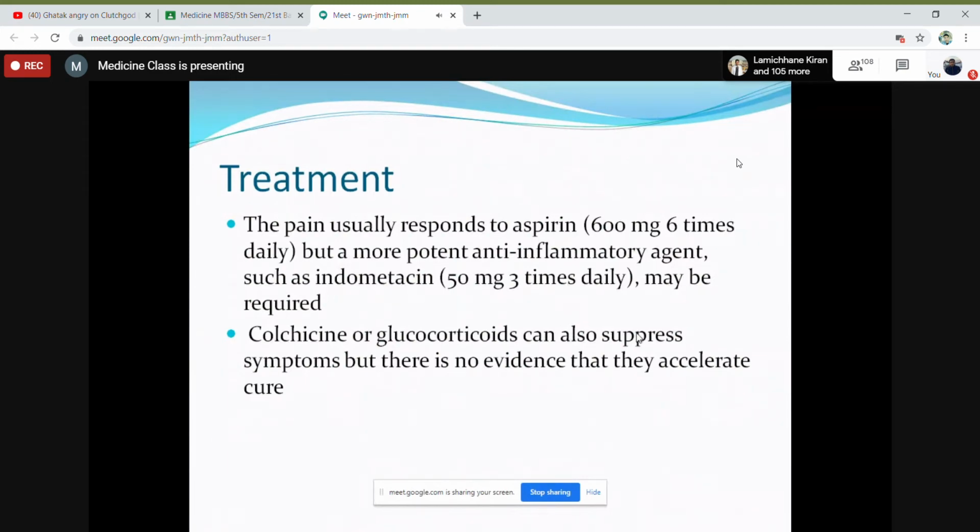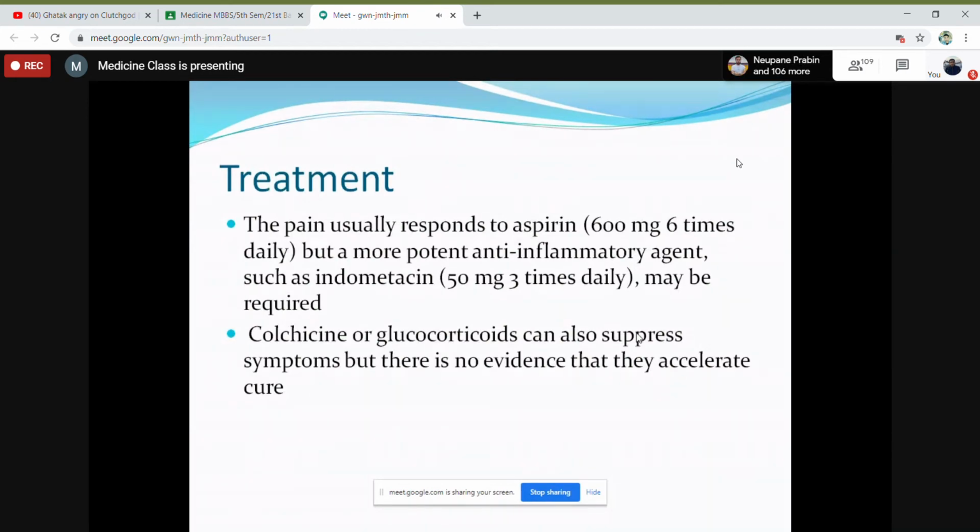But in a patient who does not respond to NSAIDs, there is a role of colchicine as well. It has been found to be effective, as well as it reduces the risk of recurrence. So for the relief of pain, as well as for stopping the recurrence, colchicine has a role.